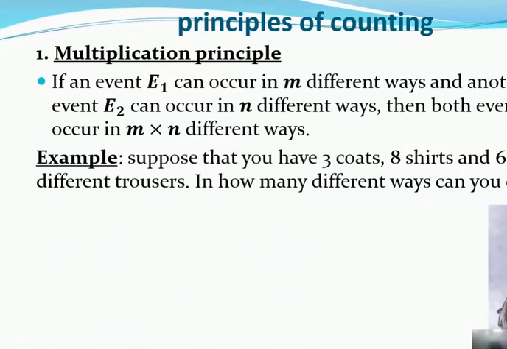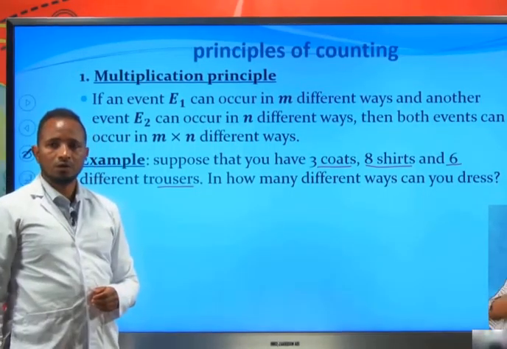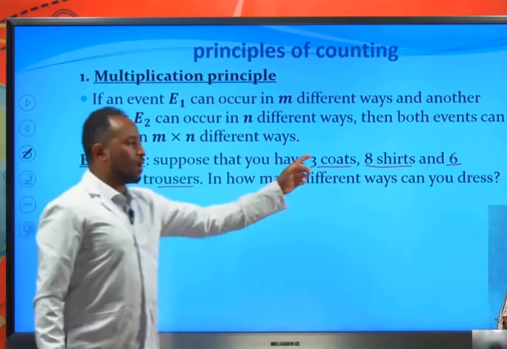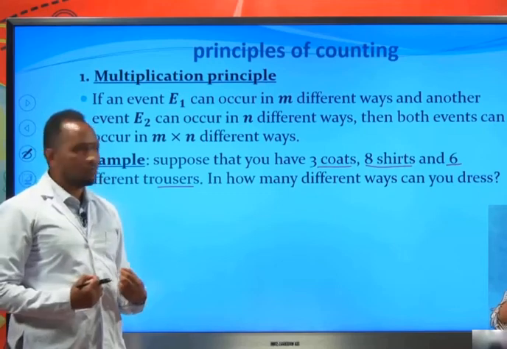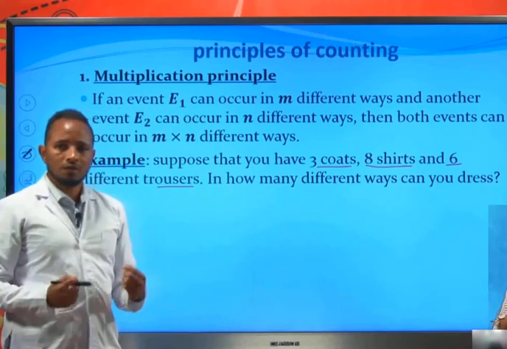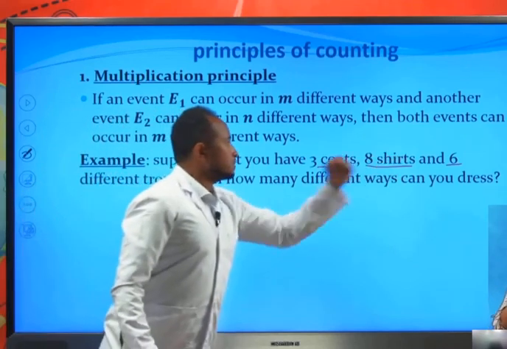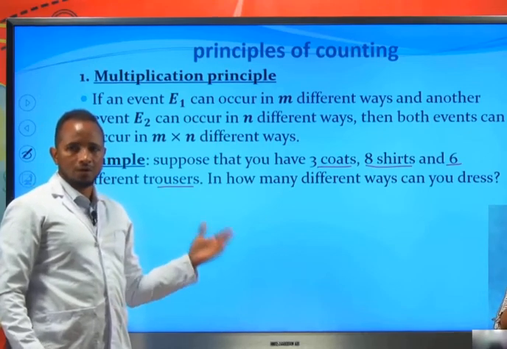Now let's see an example for this. Suppose that you have 3 coats, 8 shirts and 6 different trousers. In how many different ways can you dress? So here we have event 1, 3 coats, which is 3 different ways of wearing a coat, 8 different wearing styles for shirts, and 6 different wearing styles for trousers.